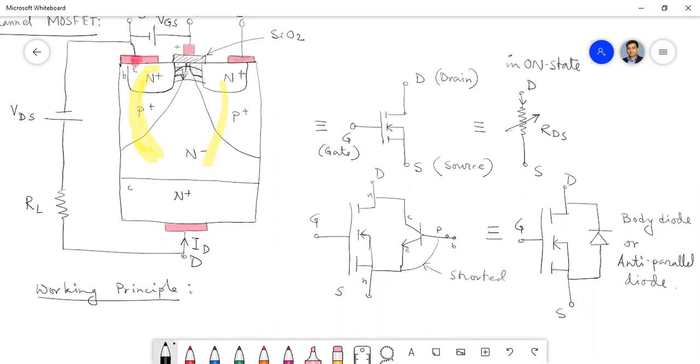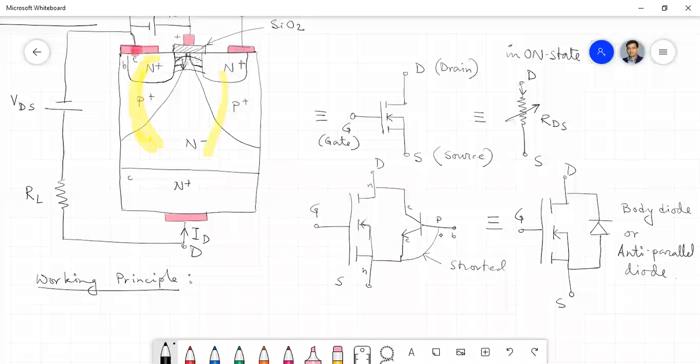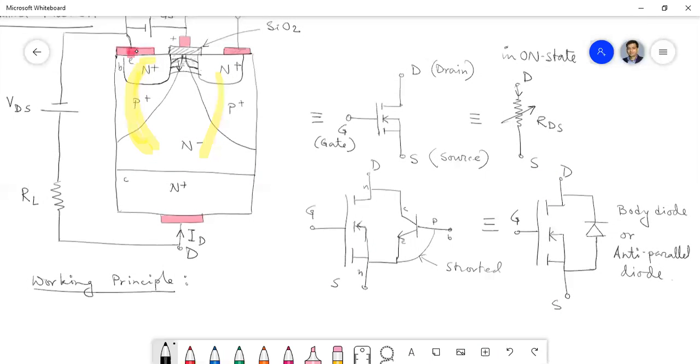NPN transistor. Now, if we don't short it and the base remains floating, what may be the problem? Suppose we don't extend this metal. If we keep this base floating, what may be the problem?